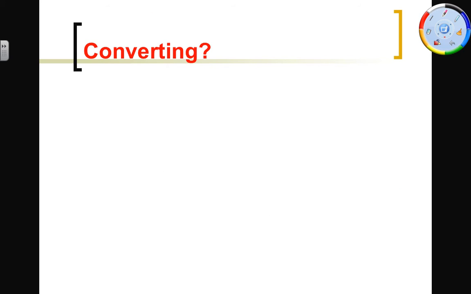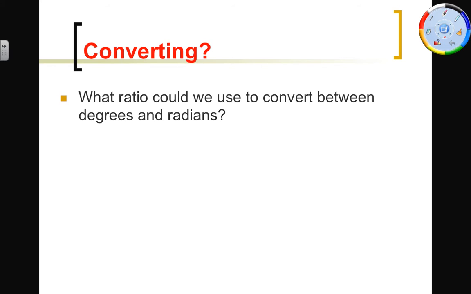So we're going to use that conversion factor in order to convert between radians and degrees. Now, if I had x degrees and I wanted to multiply by something to get it equal to some radians, I would need a ratio that would cancel degrees.